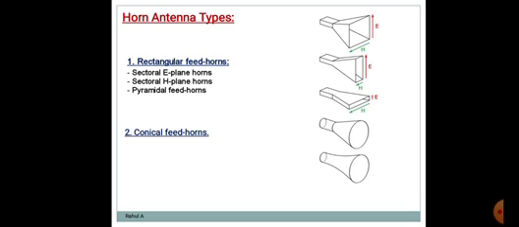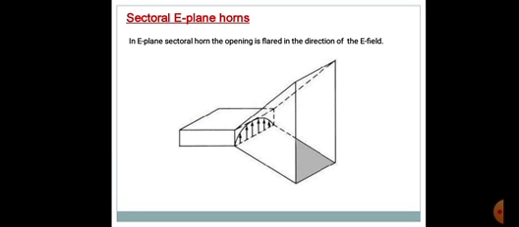That's why the name given is sectoral E plane horn. So here you can see the sectoral E plane horn structure, the opening is flared in the direction of the E field.